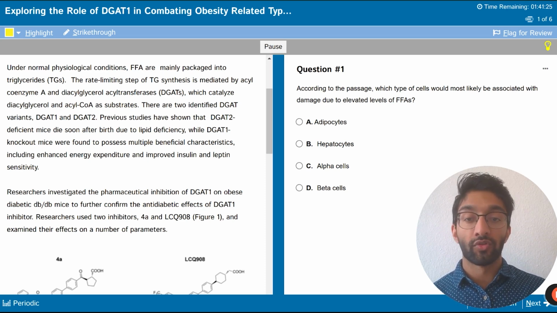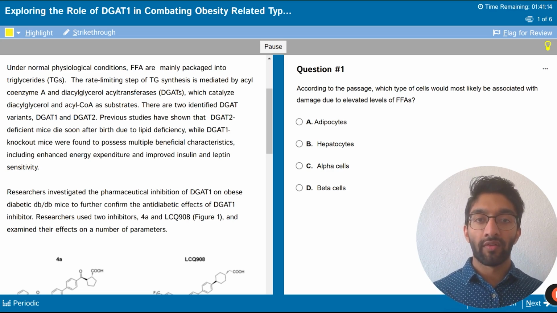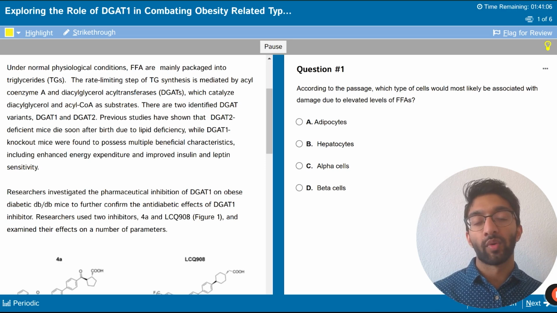Cool. So there's two DGAT variants, DGAT 1 and 2, and now they're going to say that previous studies have shown that DGAT 2, so now we're going to find out what each one does. When you're trying to figure out what the role of a particular compound is, the best way is to knock out this compound from a particular organism and see what the effects are.